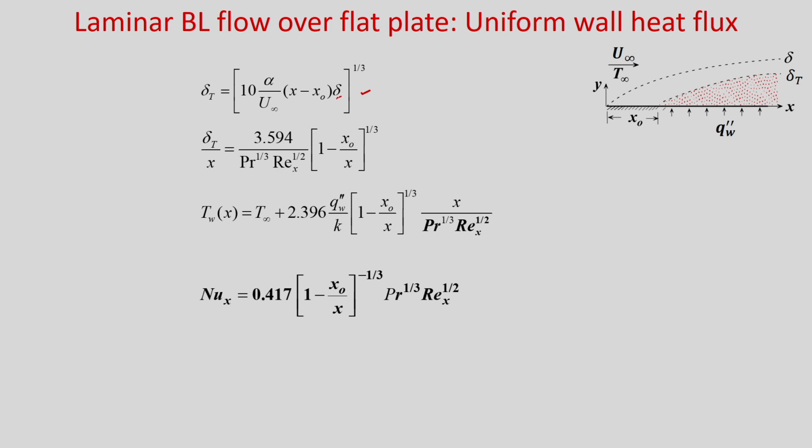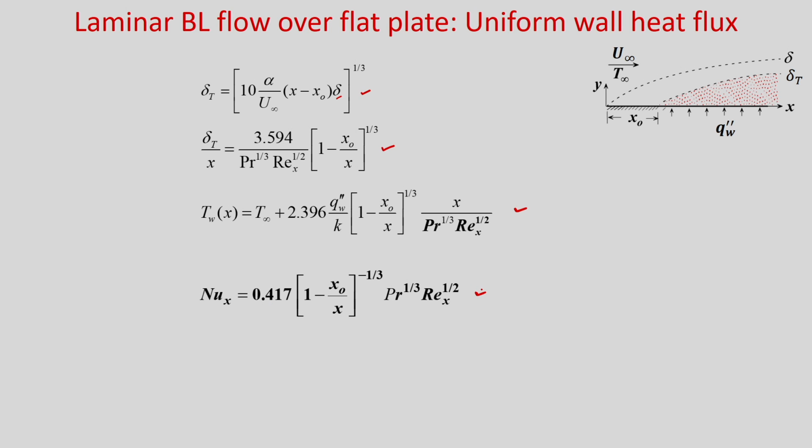Then putting the value of delta, we have found delta t by x, and you can see it is also a function of Prandtl number and Reynolds number. Putting this expression in the wall temperature variation, we found the wall temperature variation, and then we have found the local Nusselt number as this.